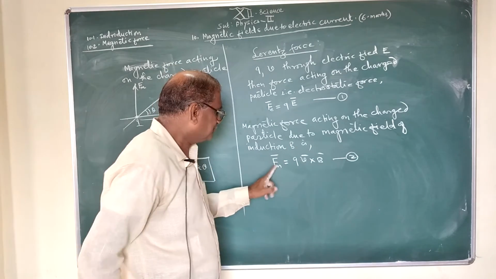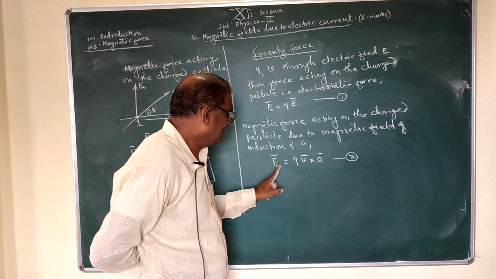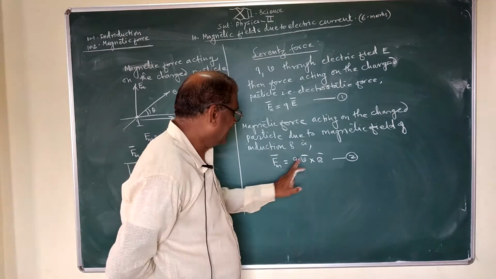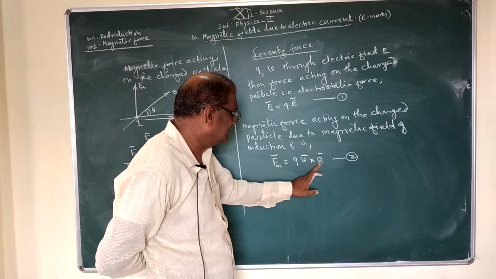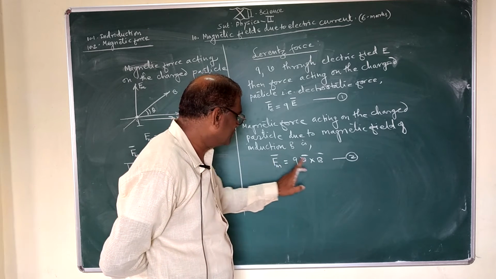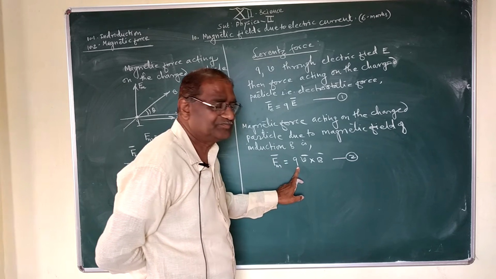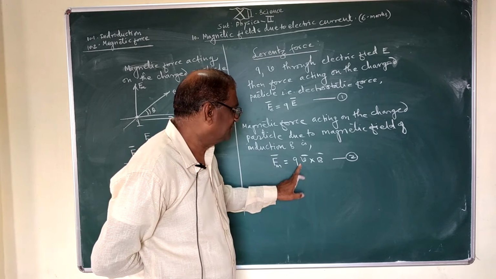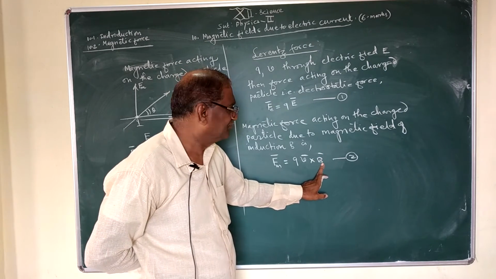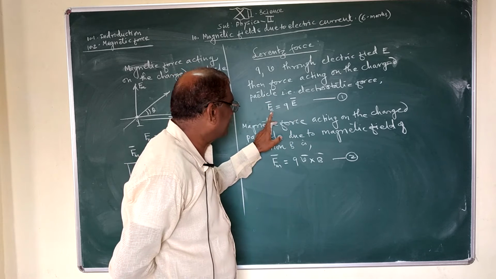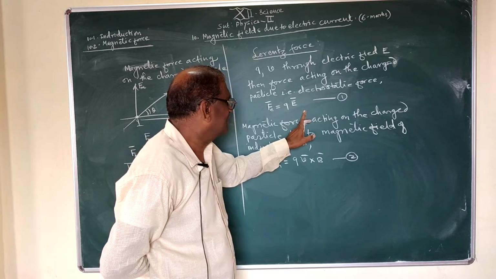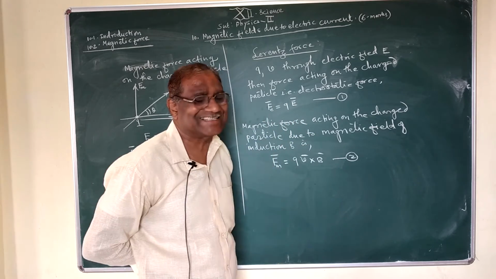Now it is clear, these three factors, Q V B, are the dependence factors of the magnetic force. It means that the magnetic force depends upon the charge, the velocity of the charge and the magnetic induction B, while the electrostatic force depends upon the charge and the intensity of the electric field. So charge is common in both cases.